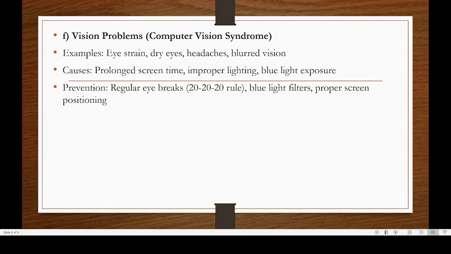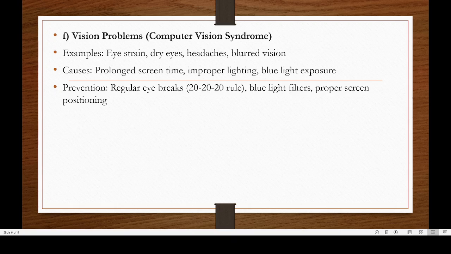Then improper lighting. This is a major problem. Instead of a computer, you are using a mobile. Many times you go to bed with the mobile, turn off the light and look at the mobile. That is a very dangerous thing as far as your eyes are concerned, because the room is dark and only the mobile screen is there.